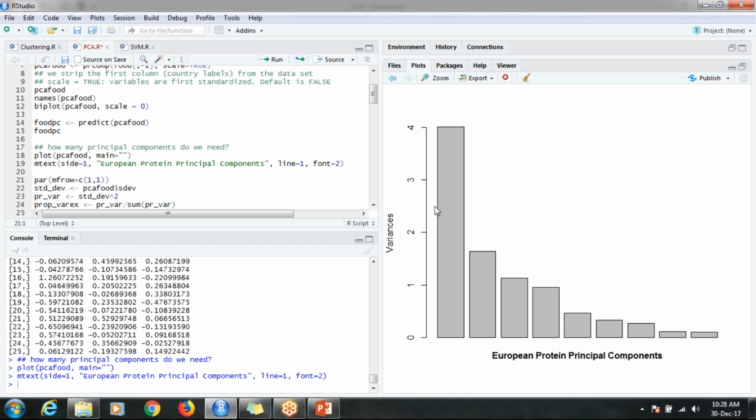So the first component, which can represent the maximum variability, will be put first in the order. Then comes the second, third, and so on.